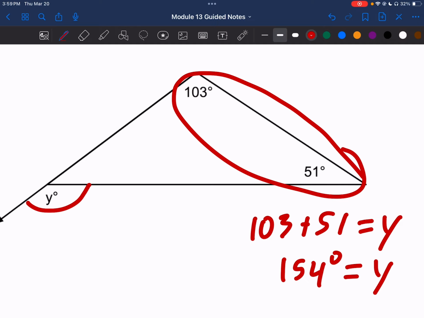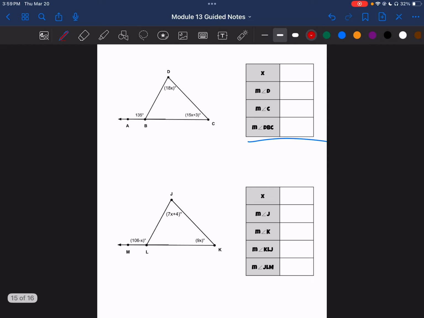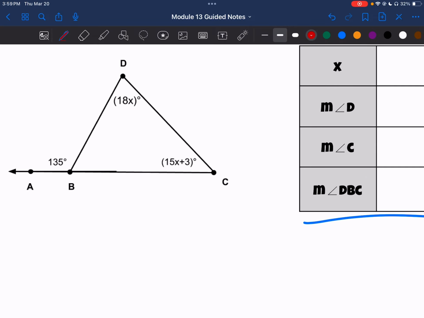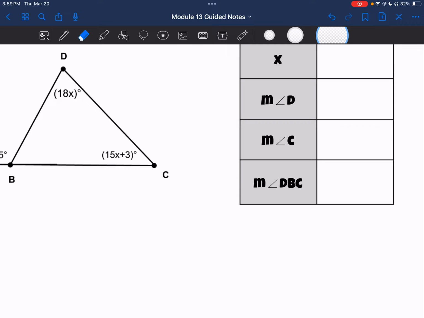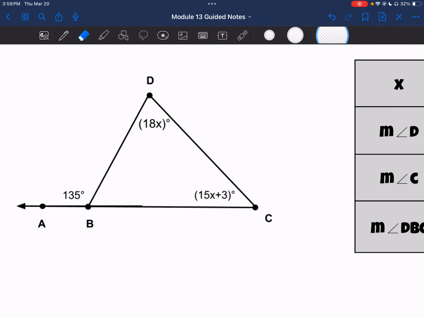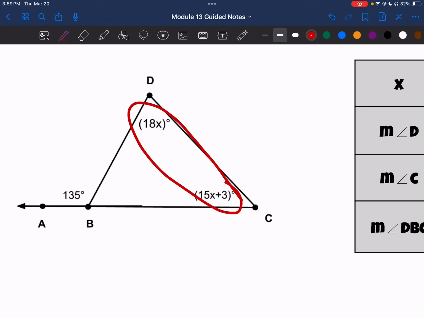Okay, let's go to the next page where, oh look, it's one of these problems where we have an expression that we're working with instead of just values. But again, our remote interior angles are these two, and this is the angle that I have on the exterior.